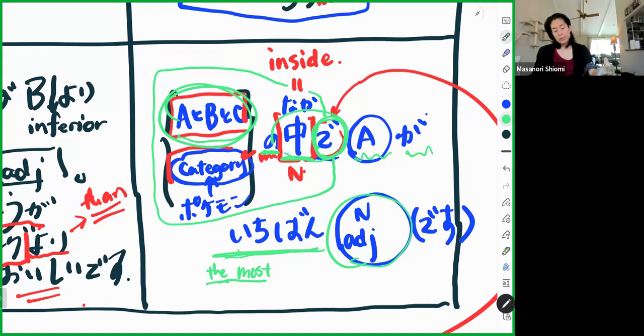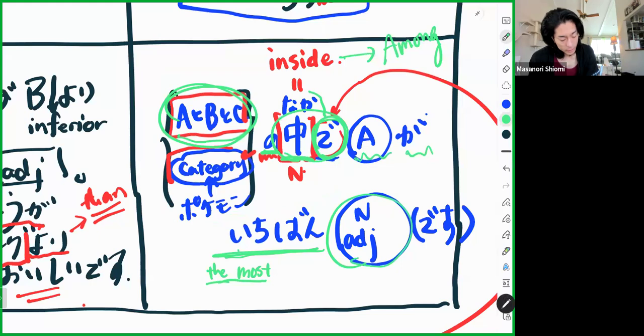We can translate "using inside" as "among," maybe. Among A and B and C, A is the most blank, right? マクドナルドとバーガーキングとタコベルの中で、マクドナルドが一番美味しいです。Among McDonald's, Burger King, and Taco Bell, McDonald's is the most delicious. Good.